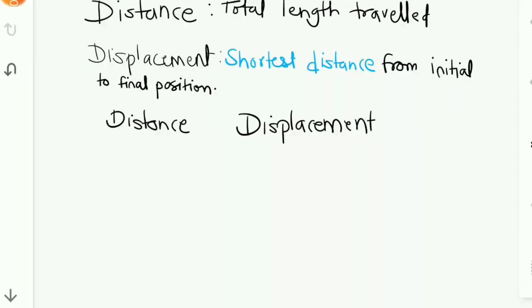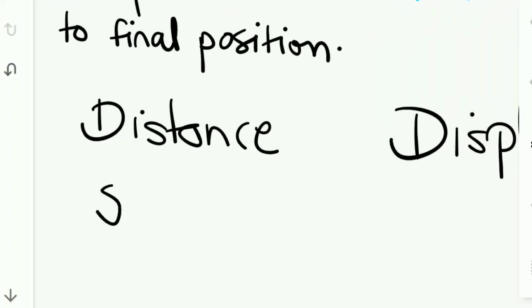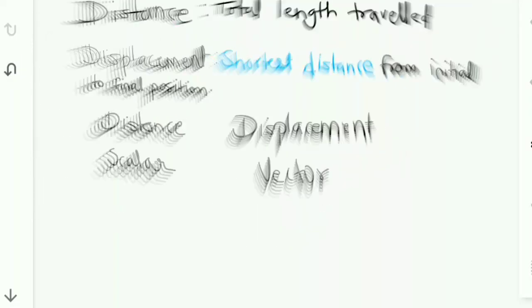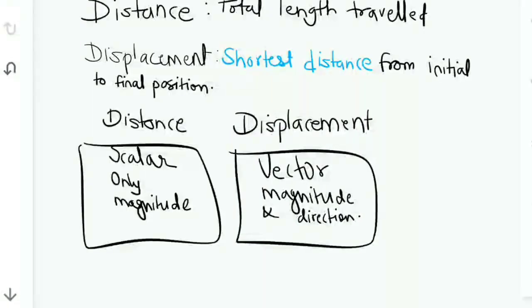Now there is one more important difference between this distance and displacement. Distance is a scalar quantity and displacement is a vector quantity. Now what is the scalar and what is this vector? Scalar means only magnitude and vector means magnitude with direction.